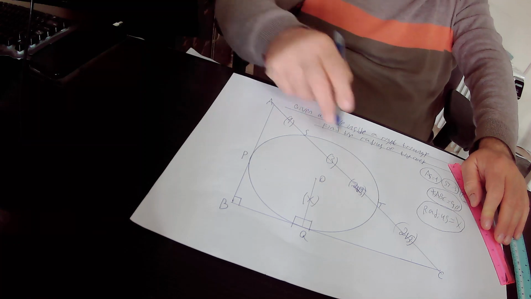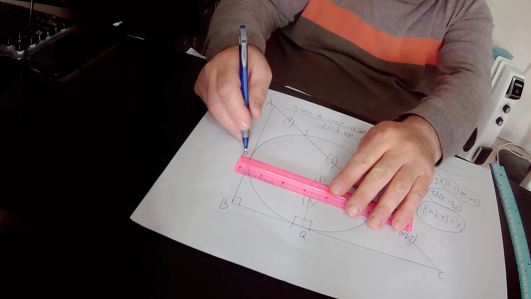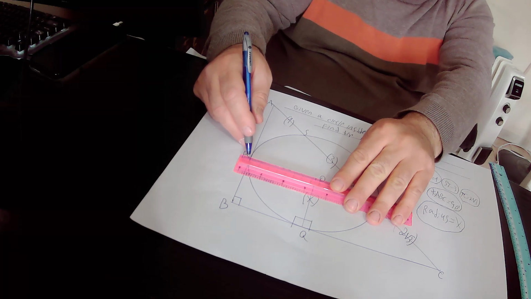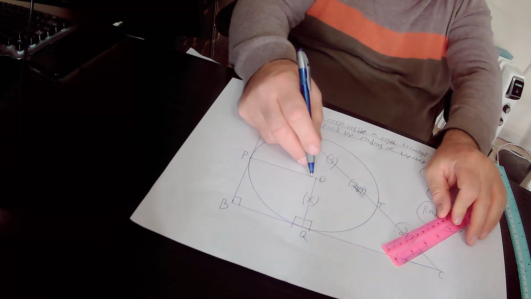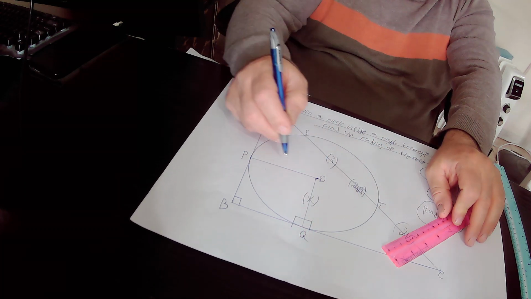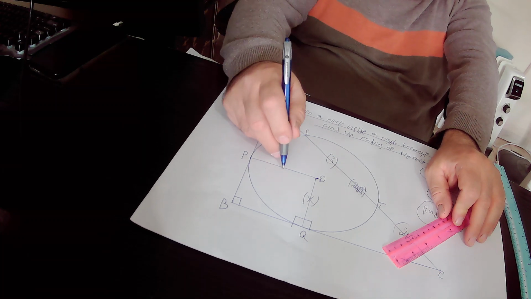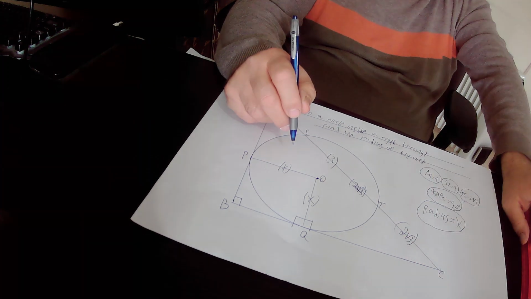Likewise, we join points O and P together by a straight line. Line segment OP. Line segment OP is the radius of this circle that is equal to X according to our definition. You can implement rule 1.